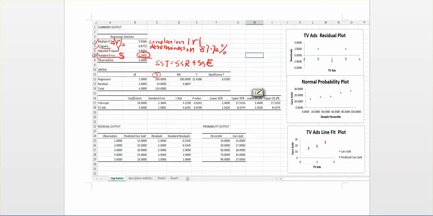You can find the 3 statistics in the second part of the Excel output, the ANOVA table. SS is the first 2 letters of SST, SSR, and SSE.